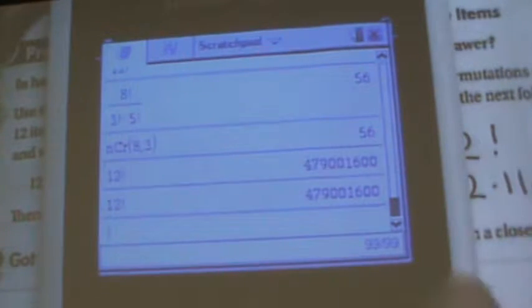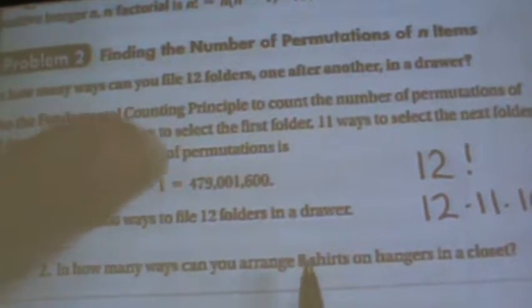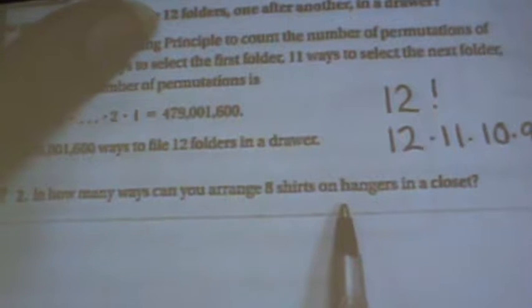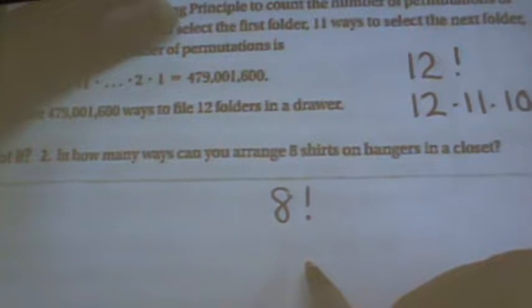Okay, next one. How many ways can you arrange, if you had 8 shirts, and you're going to arrange them in your closet, once you hang a shirt, it's hung, you're not going to use it again. So this would be an example of 8 factorial. How many different ways can you hang your 8 shirts?